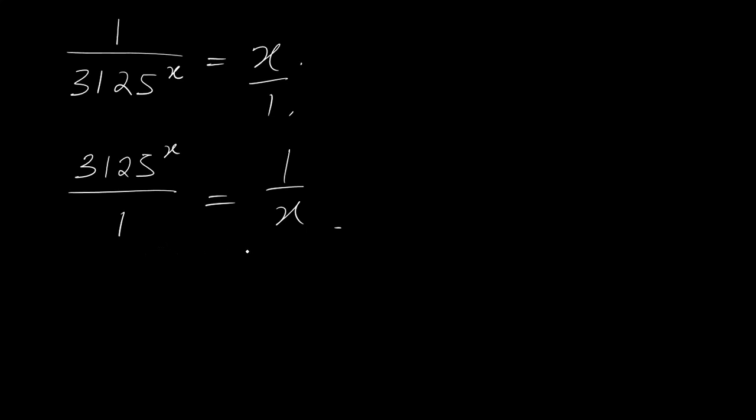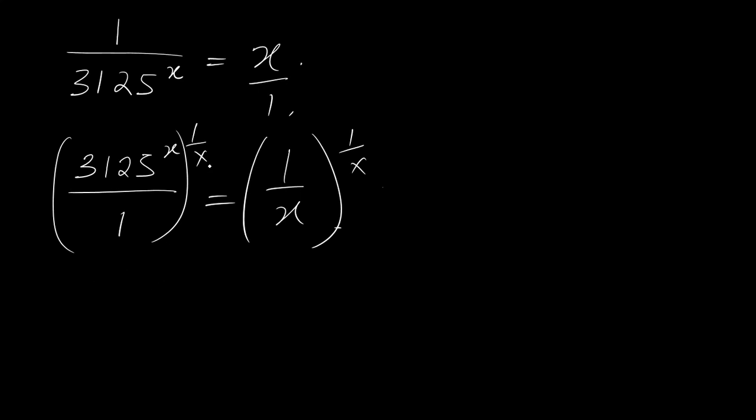Now multiplying the powers by 1 all over x, as in doing the same on both sides. So multiply the powers by 1 all over x. We also do the same to here.